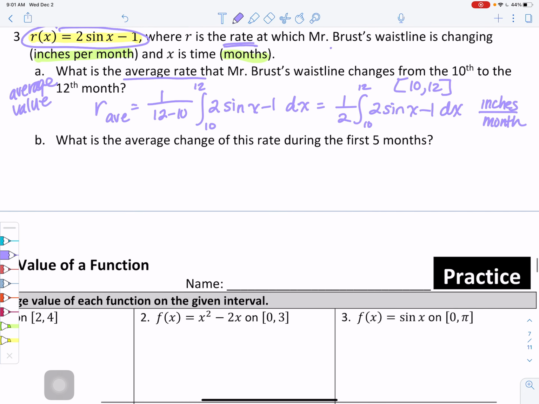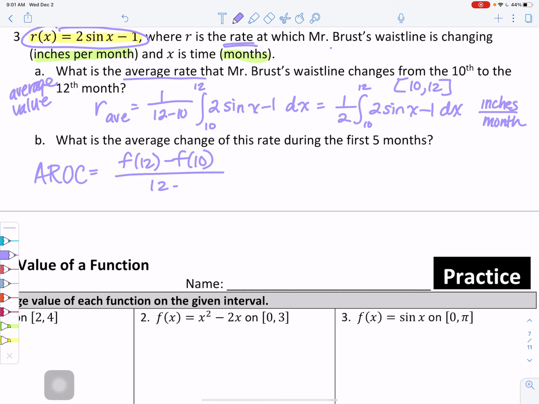Now, average rate of change, that's slope. When you want the average rate of change, that's slope. It said during the first 5 months. Yep, I need a new interval.